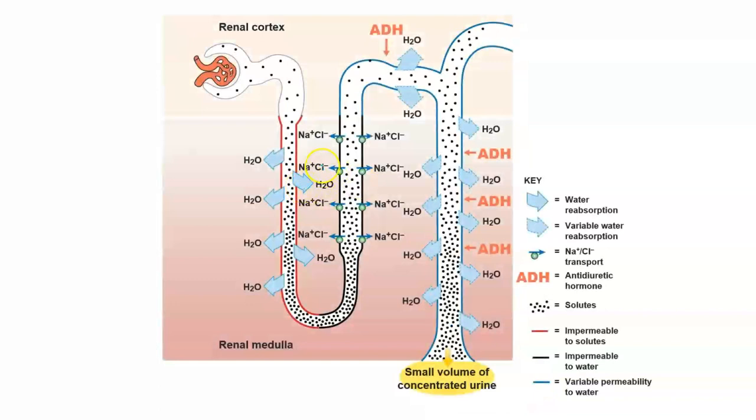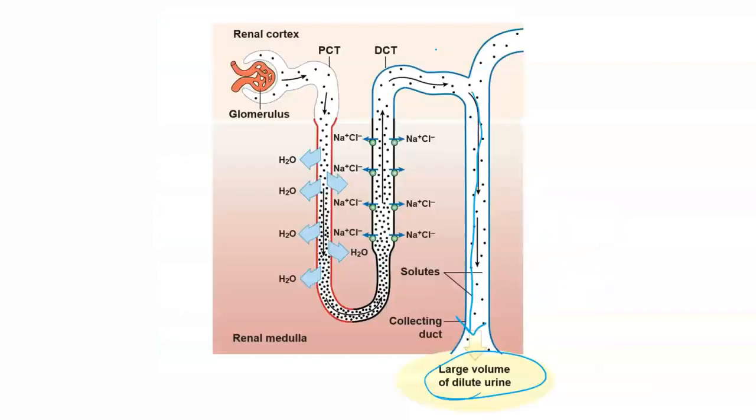Okay, on the flip side then, let's say you wanted to reclaim as much water as you could. Well then anti-diuretic hormone would be released, and its job would be to insert those aquaporin channels into the membrane of the collecting duct so that water can leave and equilibrate with this interstitial fluid. And so now you're seeing, whereas before, if you look at this illustration here of the solute concentration, it's pretty uniform all the way through here.